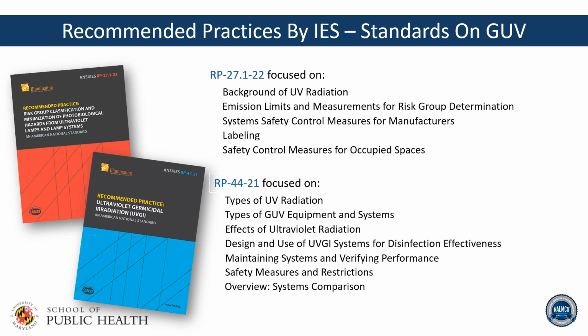RP-44-21 is focused on types of UV radiation, types of GUV equipment and systems, effects of ultraviolet radiation, design and use of UVGI systems for disinfection effectiveness, maintaining systems and verifying performance, safety measures and restrictions, and they provide an overview systems comparison.